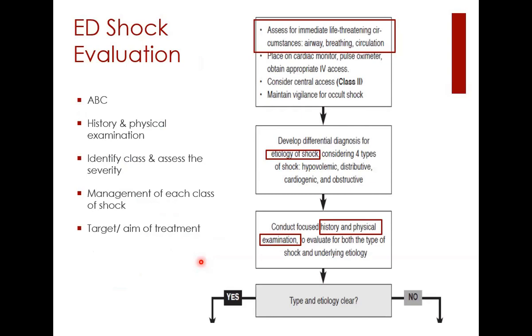You assess the patient's GCS level, airway, breathing, and circulation. If you identify that the patient is possibly in shock, you need to think of the differential diagnosis according to the 4 types of etiology. Then once you have clearer direction, you conduct a focused physical examination and history.